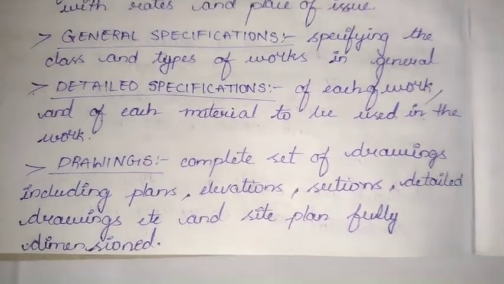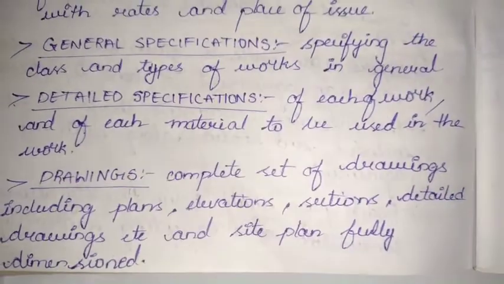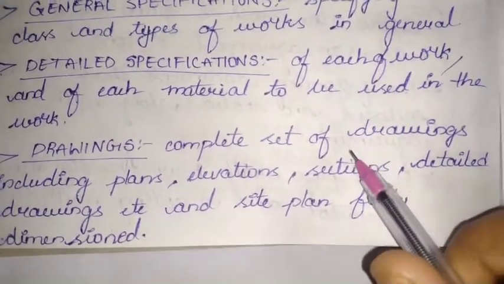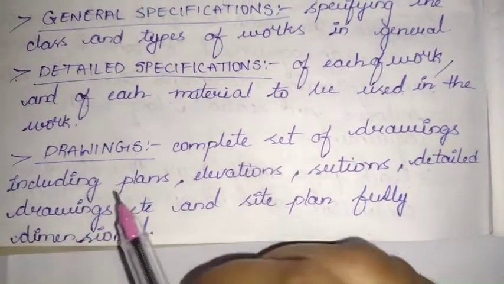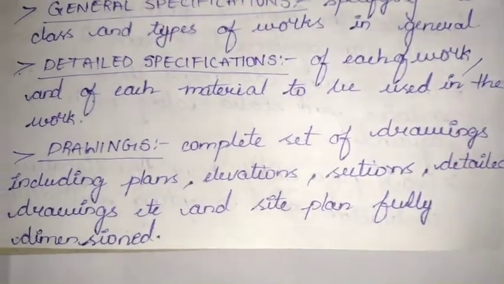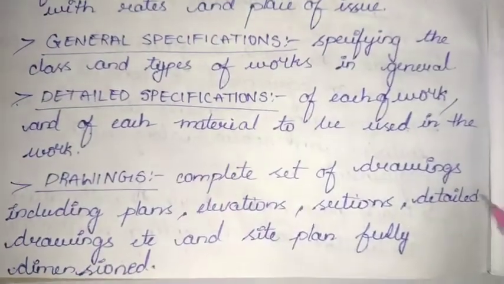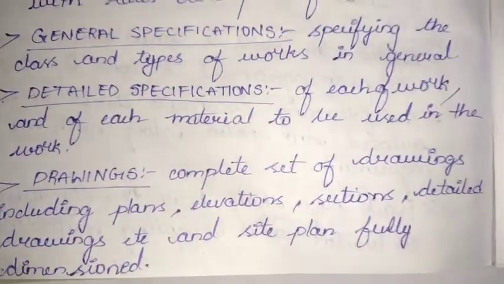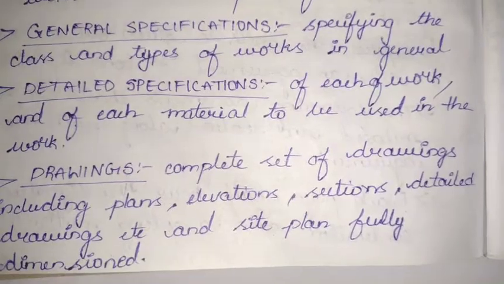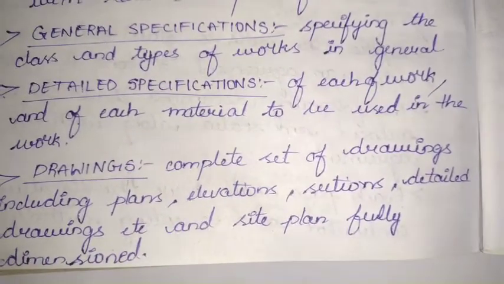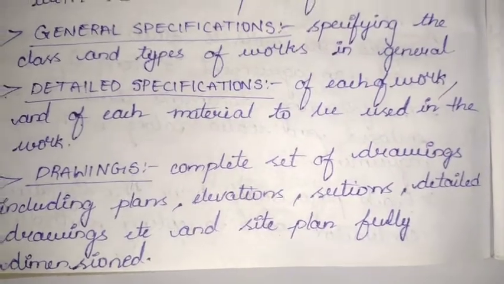Sections: we cut a building across a section and see how the structure will behave. Detailed drawings: whatever plan, elevation or section there is describes the whole structure, but detailed drawings include the diagrammatic explanation of all the small parts, even the small parts of a structure.